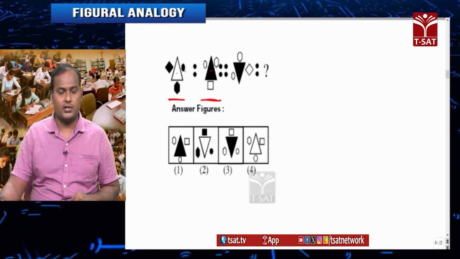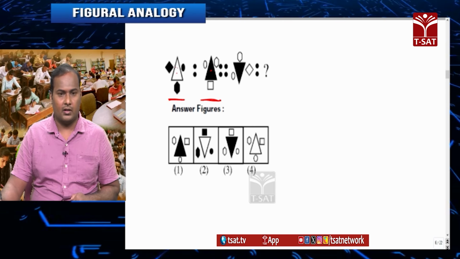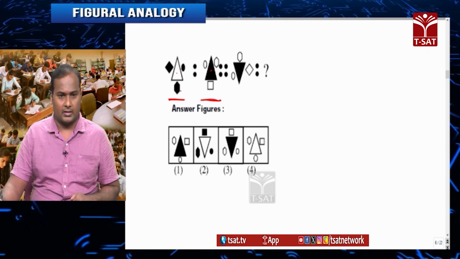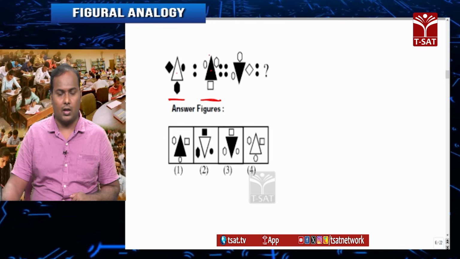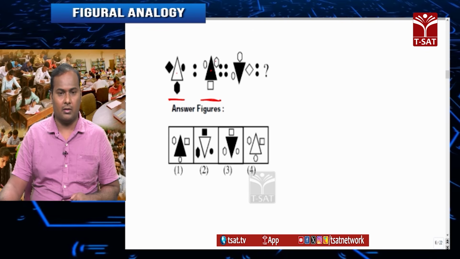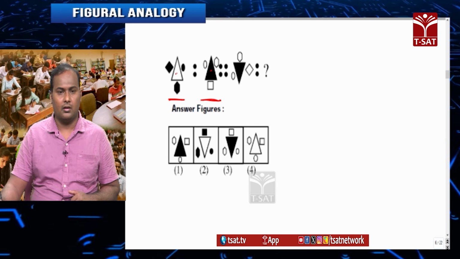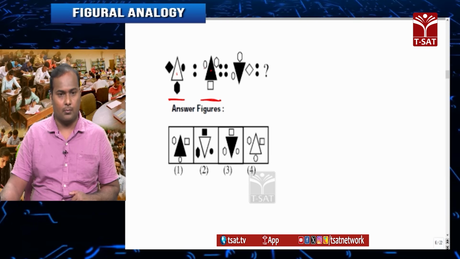So what is the second change we can observe? The second change is the outside figures. Here the outside figures are a circle, hexagon and a quadrilateral. And the moment it enters into another figure, they are becoming lighter. They are not darker now, they became lighter. So there is a change of lighter to darker and darker to lighter in both the figures.